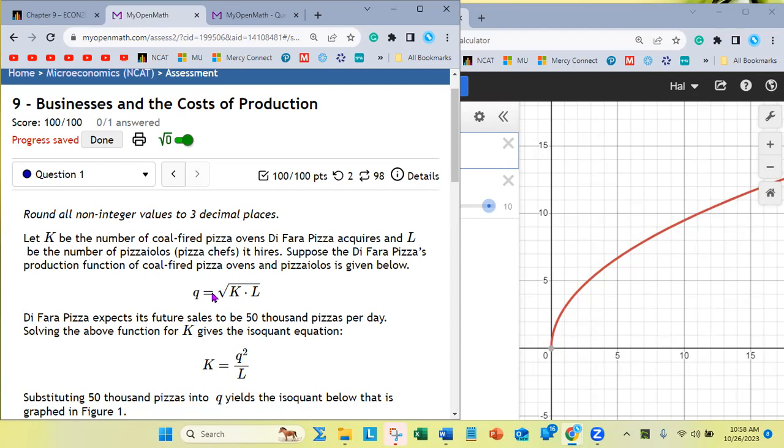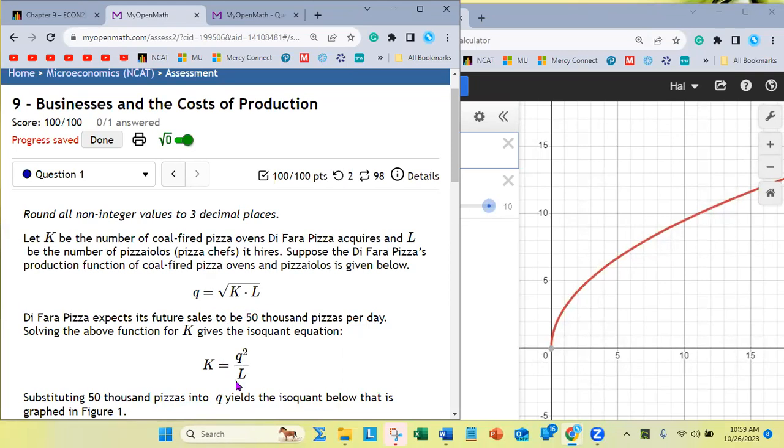And so we're going to hold the quantity constant at 50,000. And then we're going to build our business based off this expected future production level of 50,000 pizzas per day, right? So if this is just a number by assumption, we can solve it for K and then graph that in terms of L. And so that's what we're going to do here.